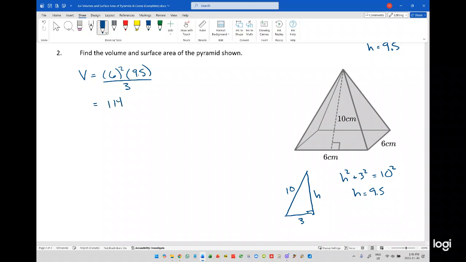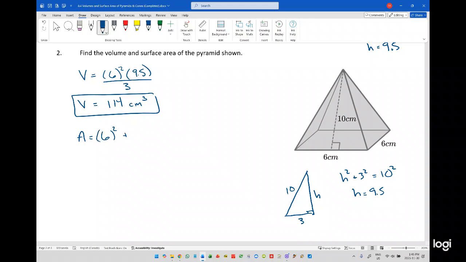And that would be in centimeters cubed. And then to find the area, this is going to be equal to the area of the bottom, which is just 6 squared.